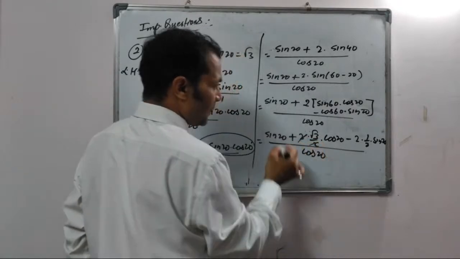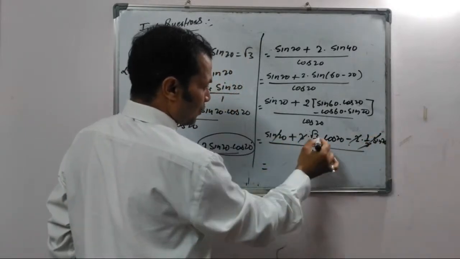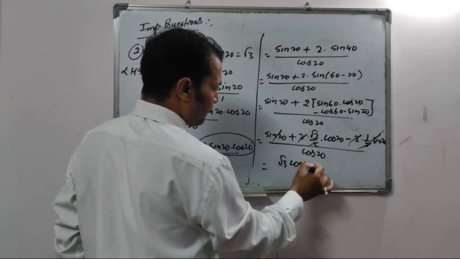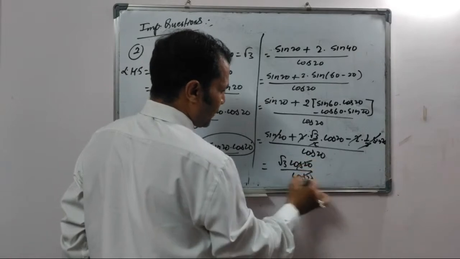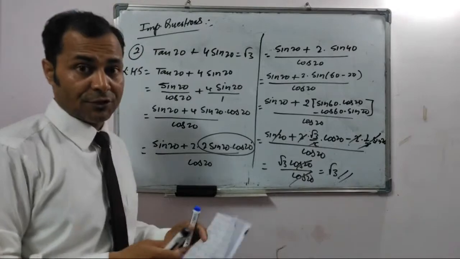Now look at this, cancel this, cancel, plus sin 20 minus sin 20 will cut you. So remaining is √3 cos 20 by cos 20. So you can cut you. बाँकी रहि कति, √3. So this is how we solve this question.